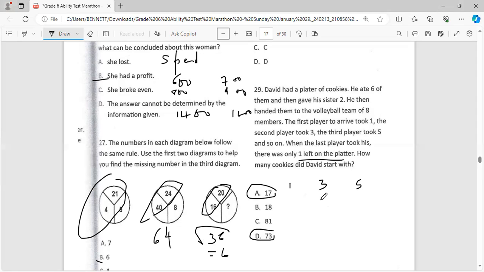So when the first player took 1 and the next player took 3, that means the rest of them are just taking 2 more. So the 4th player would take 7, and the 6th would take 9, the 7th would take 11, and the last one will take 15. So if you add that, you get 64. So that means you have 1 left out of the 65.